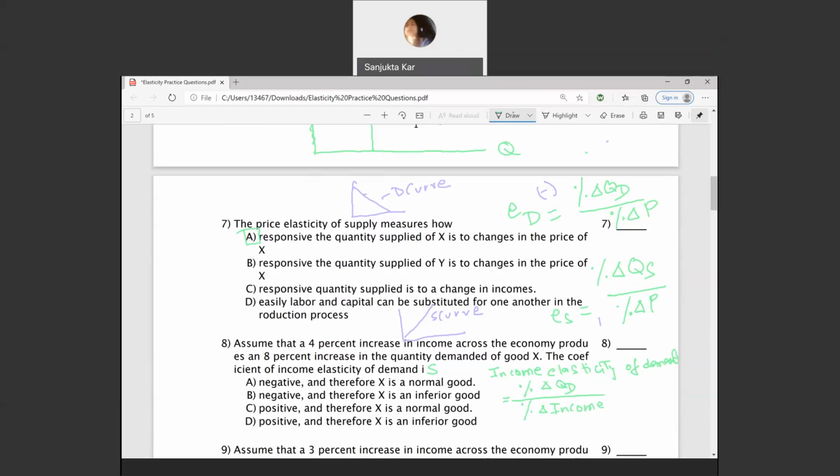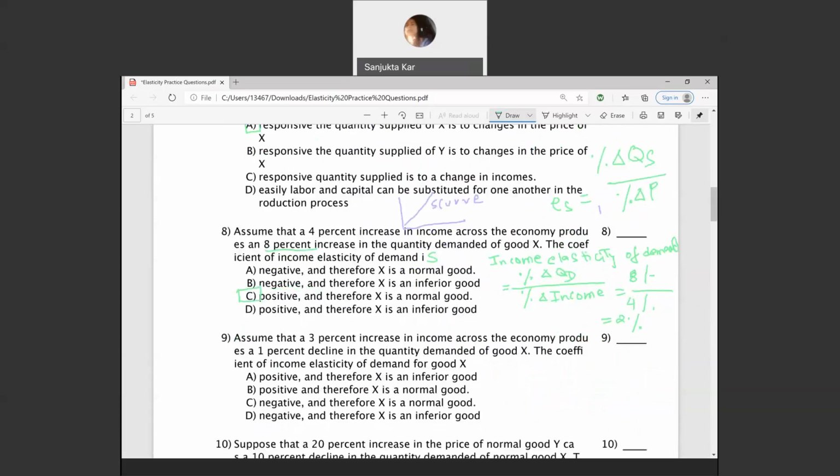Percentage change in quantity demanded is, let's see, this one's 8%. Percentage change in income is 4%. So this value is a positive number. So here we really depend on this sign to determine if it is a normal good or an inferior good. The value is positive, so the good in question is a normal good.